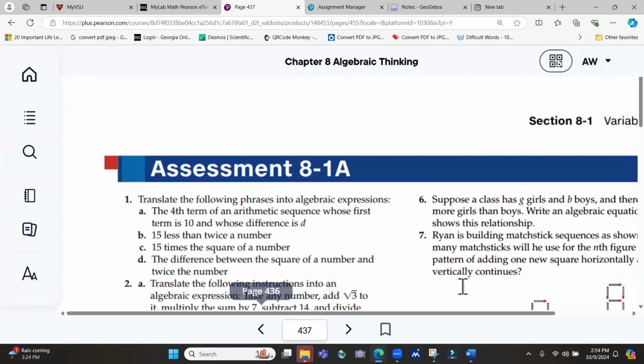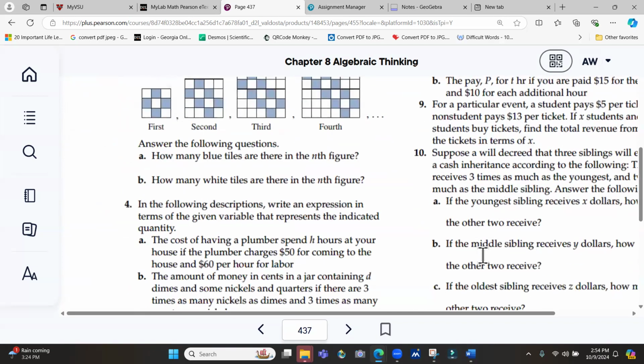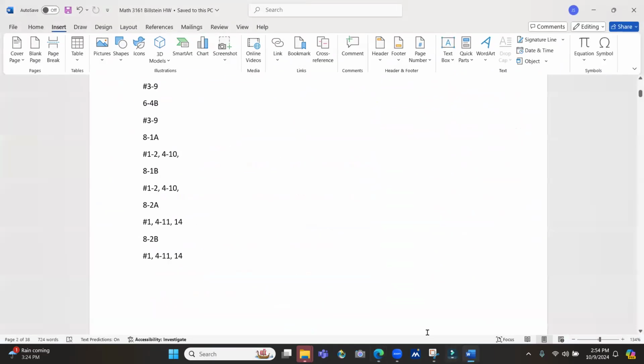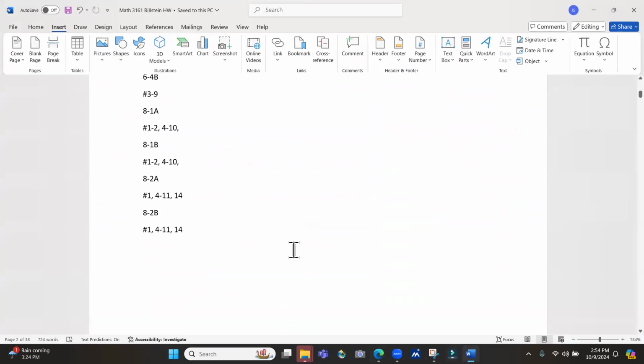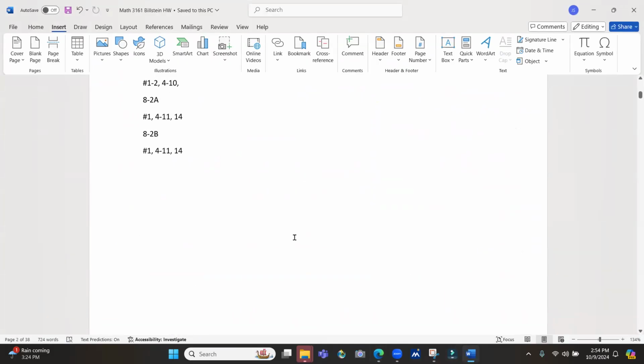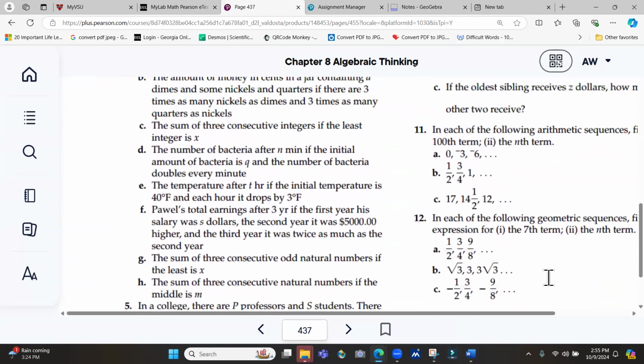So let's save the last 3, 9, 10, and 13. We did up to 9, so we have 10, 11, and 14. We have 3 problems. We'll save it for the next class.